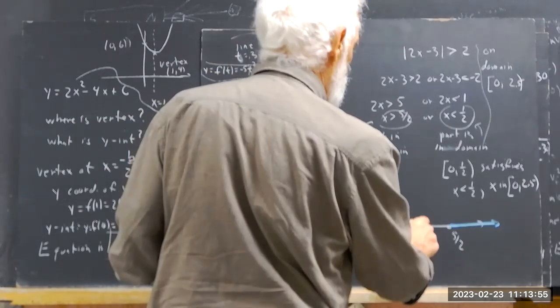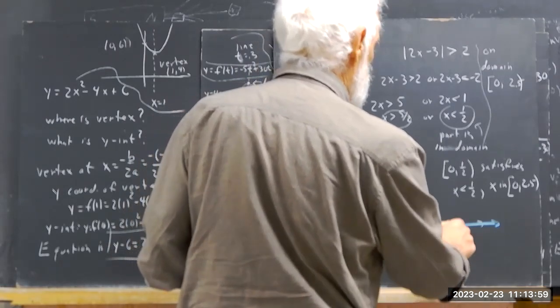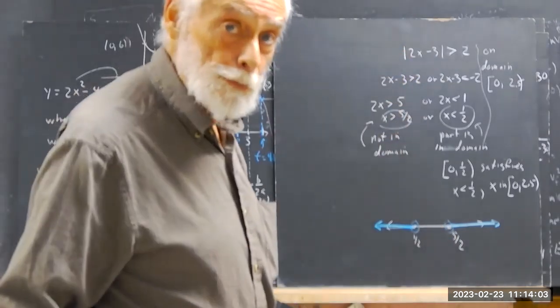And we don't include the 1/2, and we don't include the 5/2. Okay, this is the solution to the equation on an unrestricted domain.